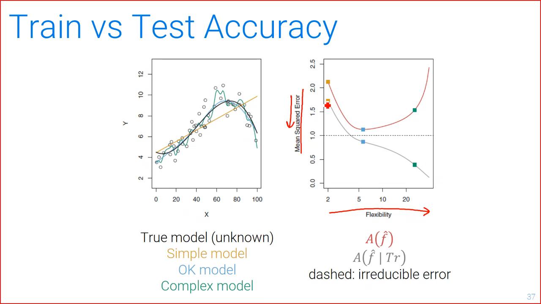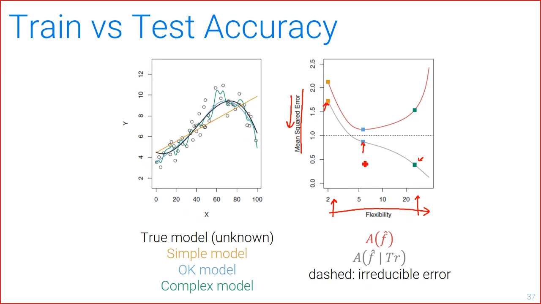And specifically here we have the orange model, the one that was too simple. It has too much error, is not very flexible, and therefore it has a high error. Here in green, we have the opposite. We have a model that is very flexible, but is also reducing the error a lot in the training data. And somewhere in the middle, we have the blue model, the one that was just kind of okay.